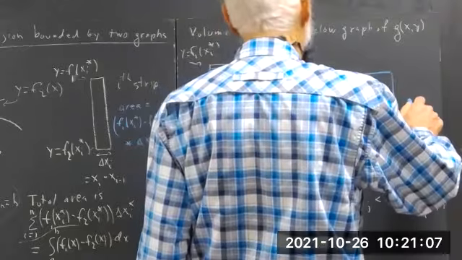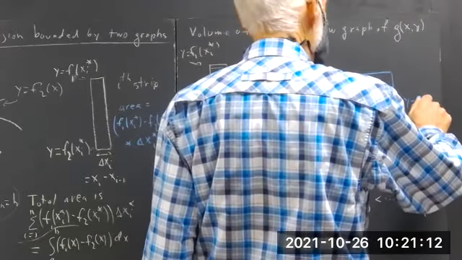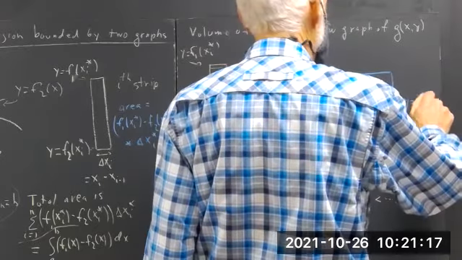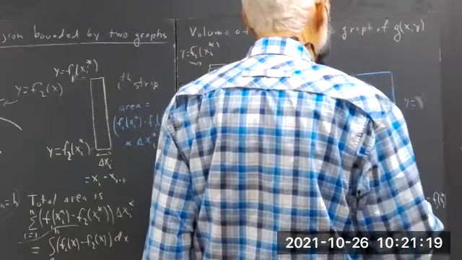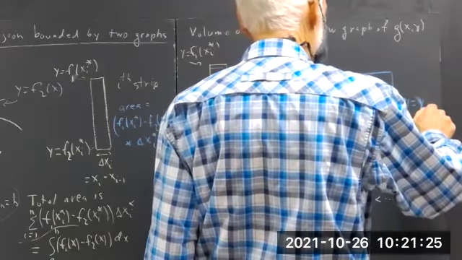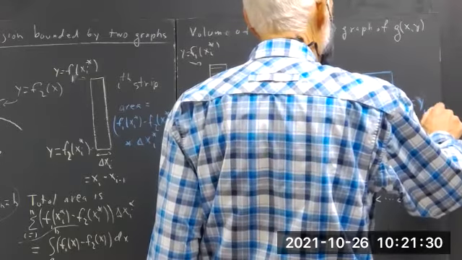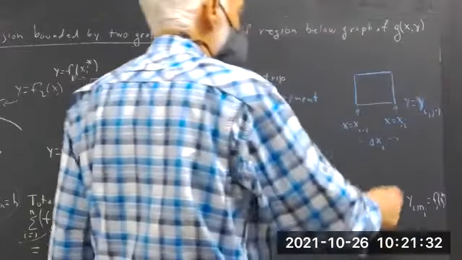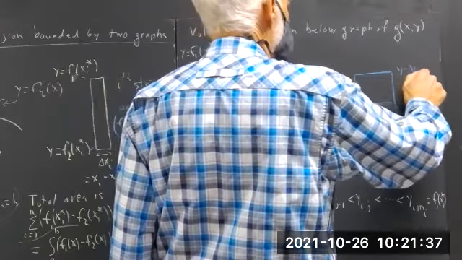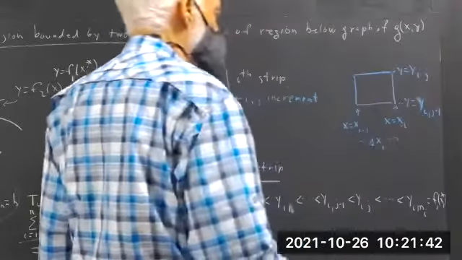And then we have y equals y i j minus 1 here. y equals y i j here.